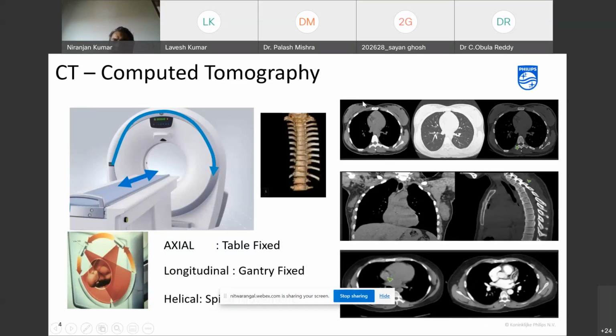This is a slice where the lung is, kind of the middle of your chest. Now, if my interest is to see the lung, I suppress the bone. So you see that, I suppress the bone and I can see only lung. And if I have to see something in between, neither lung nor bone, I can do that too.